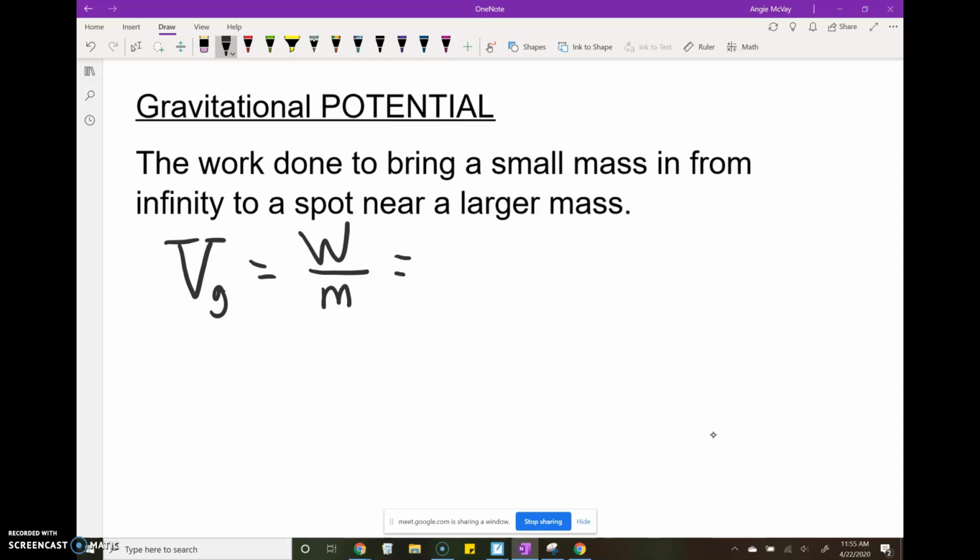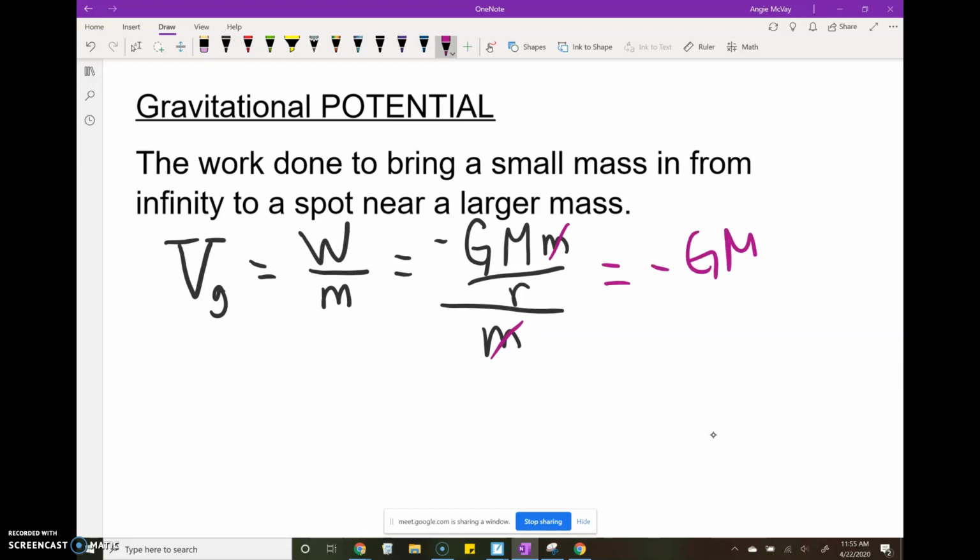So the work done is minus G M m over R, the work done by gravity, the change in gravitational potential energy, over mass. These little m's cancel, and we get negative G times the mass of the planet over R.